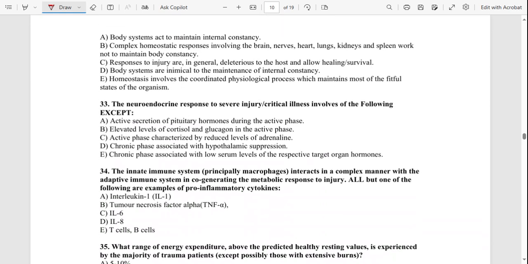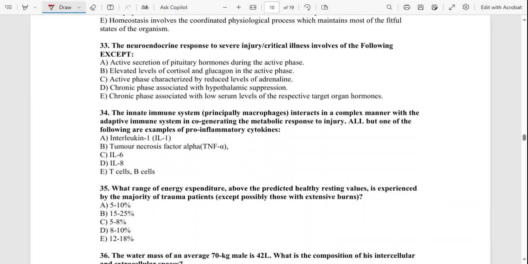Number 32, or is that 3? The neuroendocrine response to severe injury or critical illness involves the following, except: active secretion of pituitary hormone during the active phase, elevated level of cortisol and glucagon in the active phase, active phase characterized by reduced level of adrenaline, chronic phase associated with hypothalamic suppression, chronic phase associated with low serum level of the respective target organ hormone.